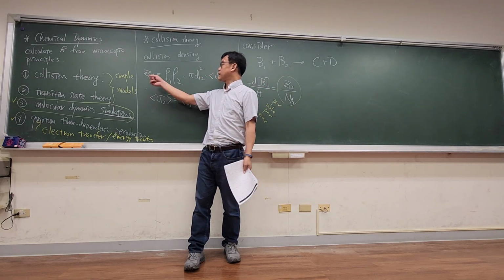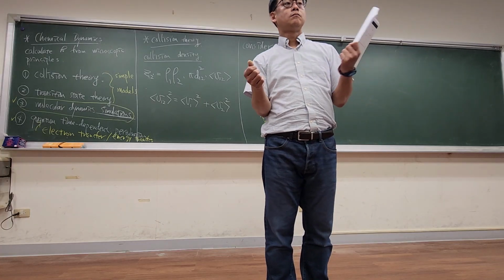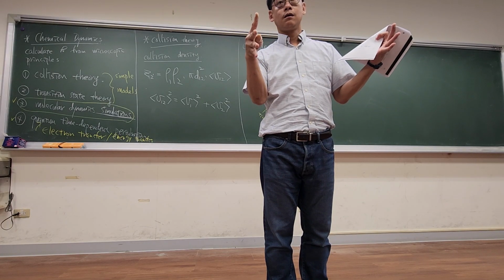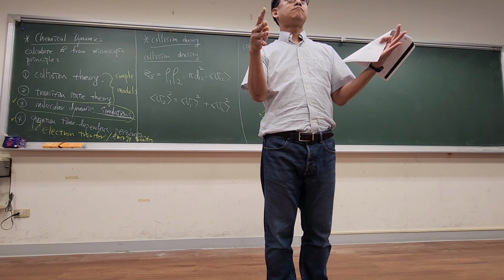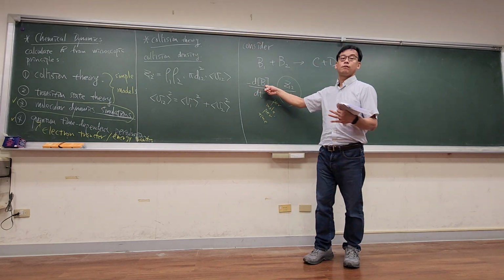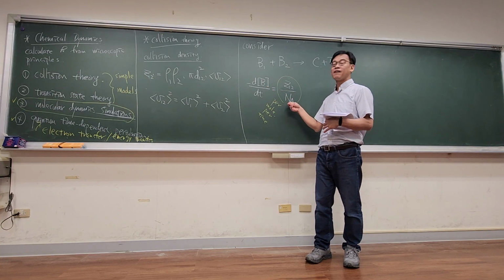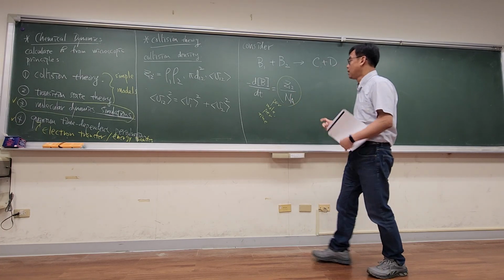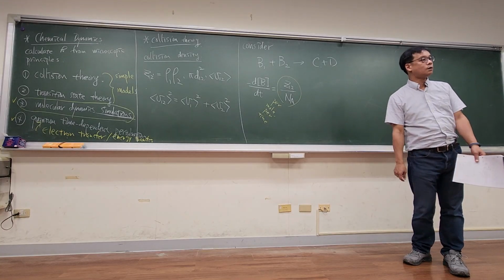So the definition of this is how many collisions happen in this box. But to calculate the rate, we want to have a molar quantity. So we divide this by Avogadro number. Okay.